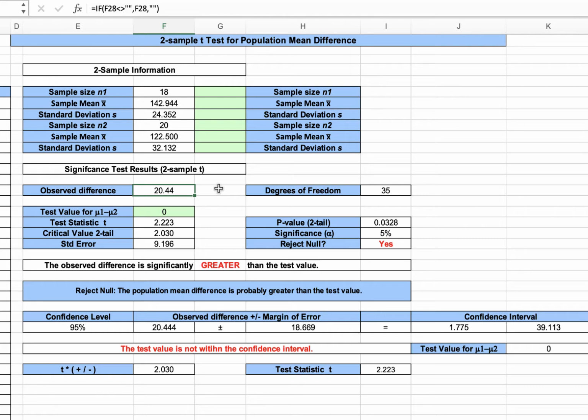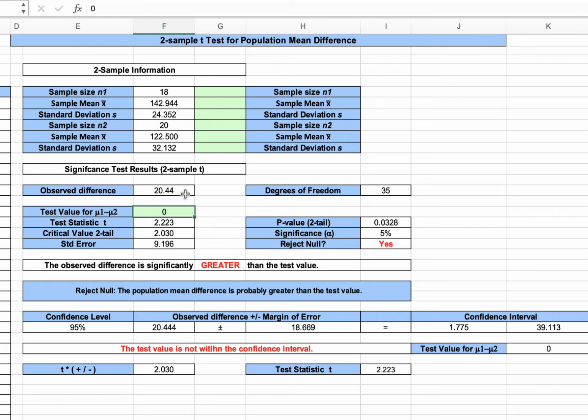Well, to test that, we're going to assume that the men and women in the entire population have exactly the same mean. So the difference between them is 0. In other words, we're assuming that gender has 0 effect on the score. Then we can simply test 20.44 relative to that 0 test value.